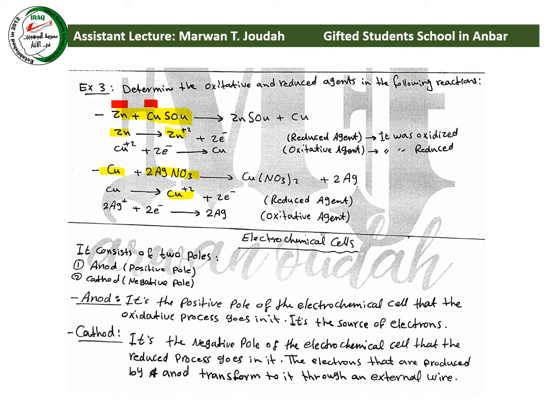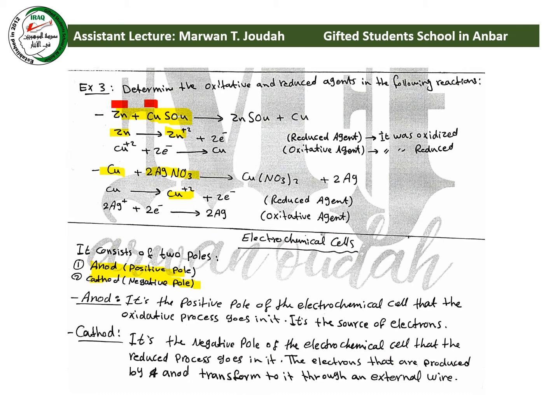We have two different types of electrochemical cells. Each one must consist of two main parts. The first one is the anode, which is the positive pole, and the second one is the cathode, which is the negative pole.